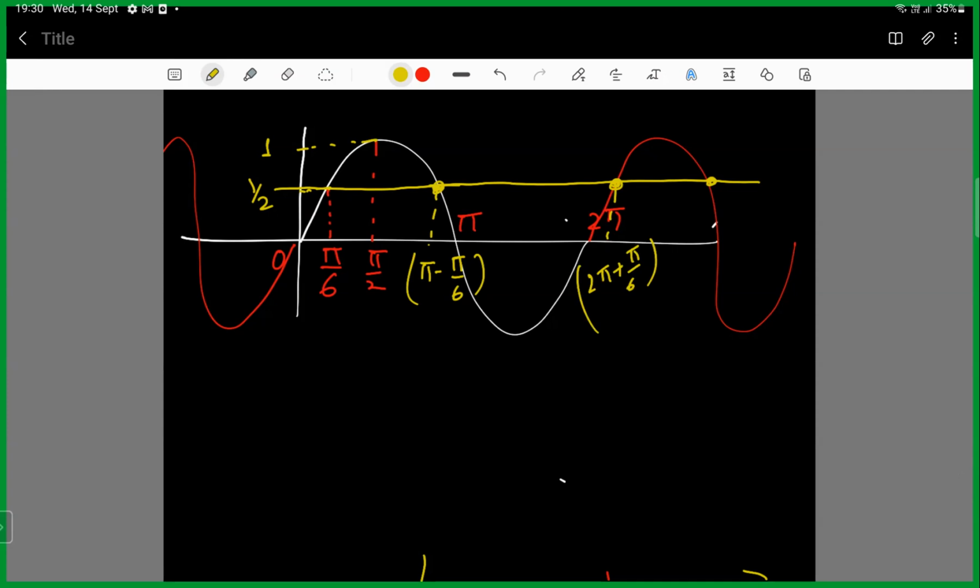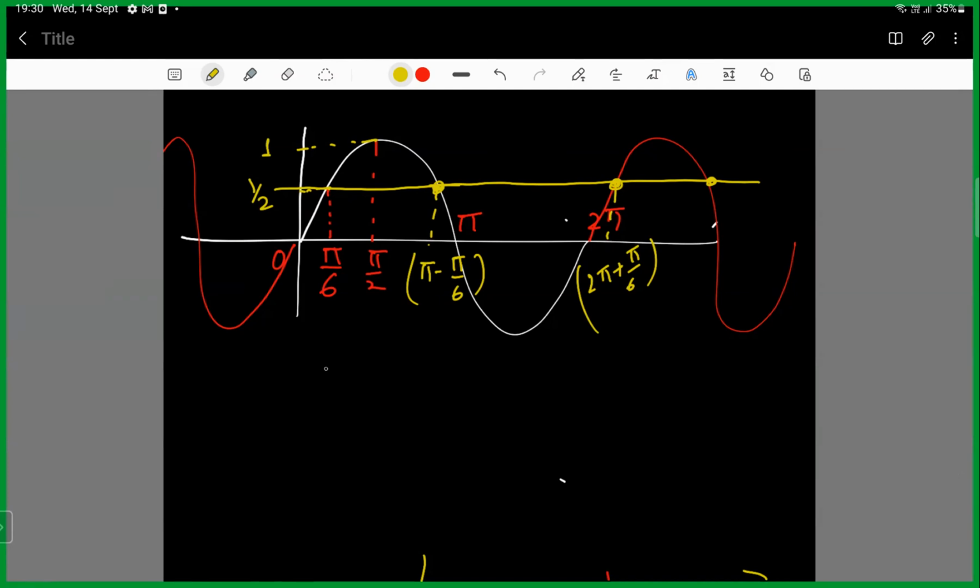So, see what principal value is for all trigonometric ratios like sine, tan, cos. The values that you get between 0 to 2 pi, that is only the principal value. Because again, you'll be getting it here. That is 2 pi plus pi by 6, so it will be 13 pi by 6. So 13 pi by 6 is not a principal solution.